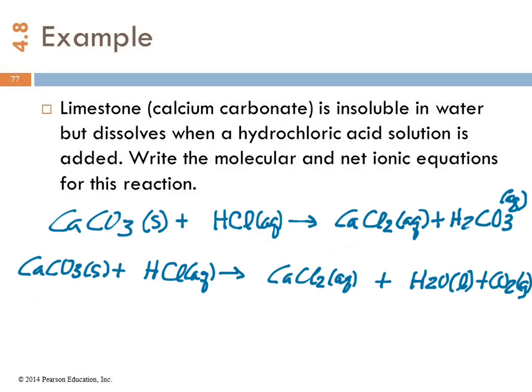And this isn't balanced. I need to balance it. There's 2 chlorines here, so I need to put a 2 over here. There's 1 calcium and 1 calcium and 1 carbon and 1 carbon and 3 oxygens, and 1 plus 2 is 3 oxygens. Here I've got 2 hydrogens and 2 hydrogens. So there's my molecular equation.